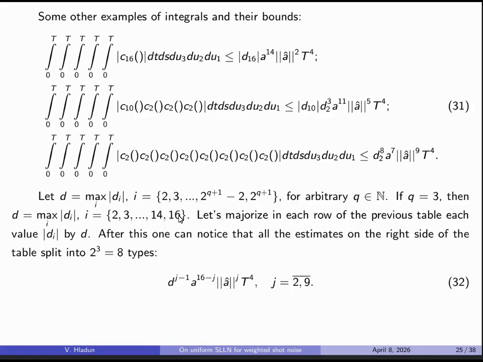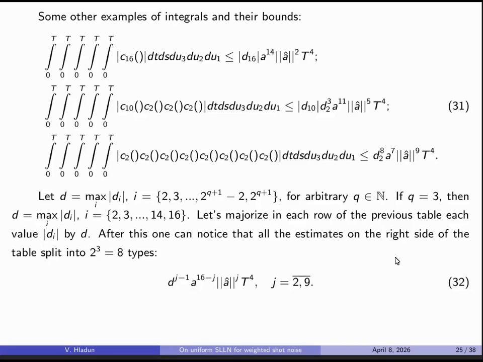So here the numbers 1 and 15 are absent because of our condition A, and the cumulant d1 equals 0. Let's majorize in each row of the previous table each value di by d.